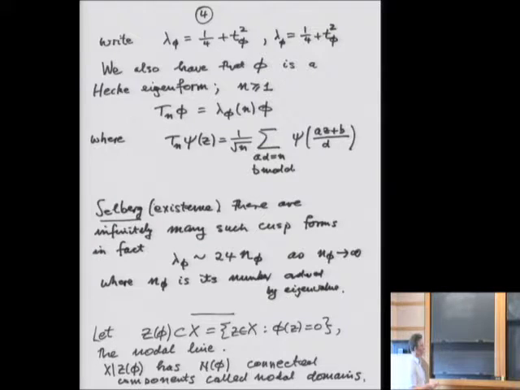T_n applied to the function psi is this sum here, sum over all integers whose product is n, b mod d, and this is a normalization that will be useful for later. Inside here, you see a linear fractional transformation, so this will commute with the Laplacian. The only issue is whether T_n gives you a Gamma invariant function from a Gamma invariant function. Gamma is SL_2(Z), and that's a very easy calculation that can be seen in many ways, and certainly due to Hecke in this clean way.